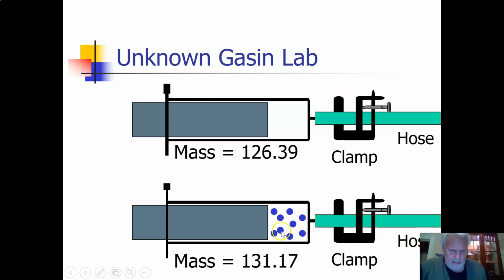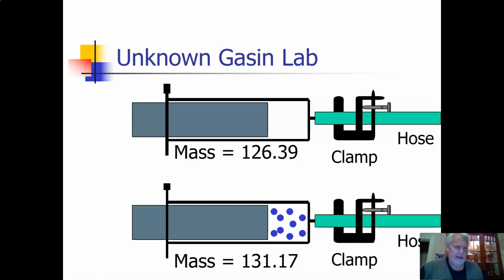Hose. Here is the mass with the actual unknown gas inside here, so we don't know what it is, and here is the weight of nothing. So the only difference between these two then are these blue dots. So hit the pause, get yourself a nice picture of that in your notes.